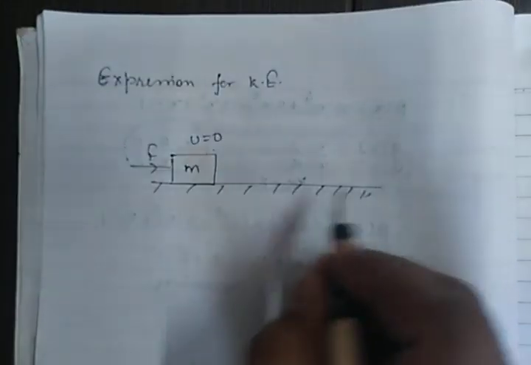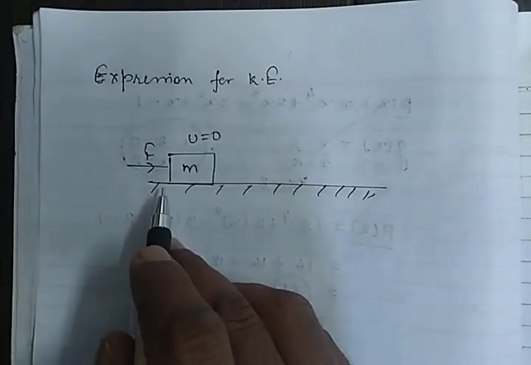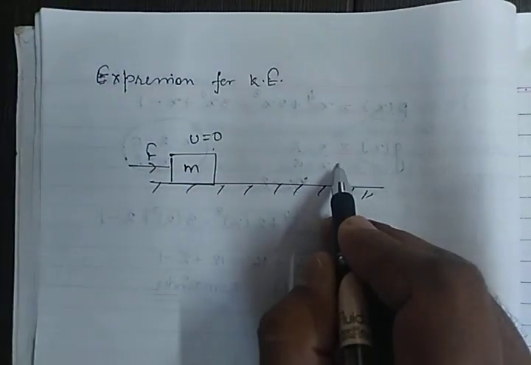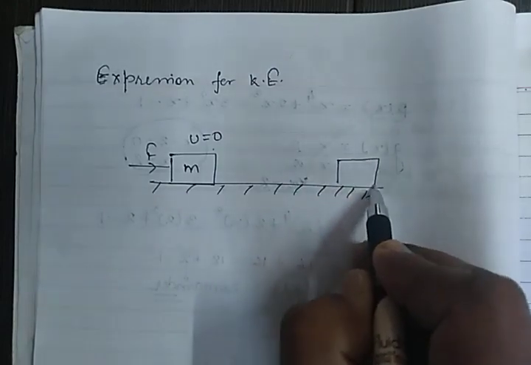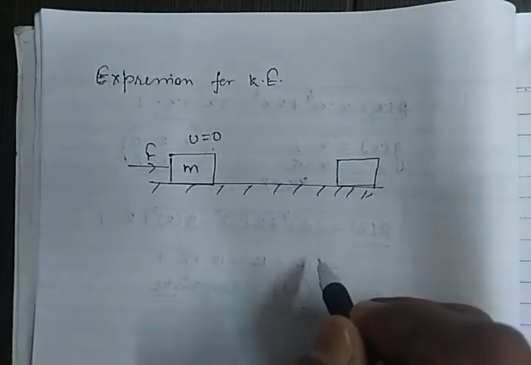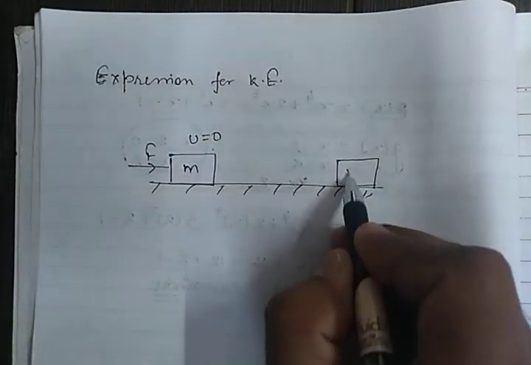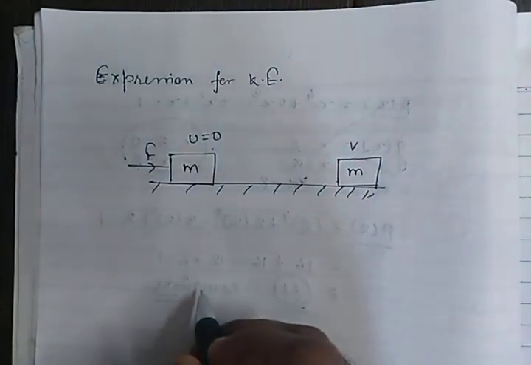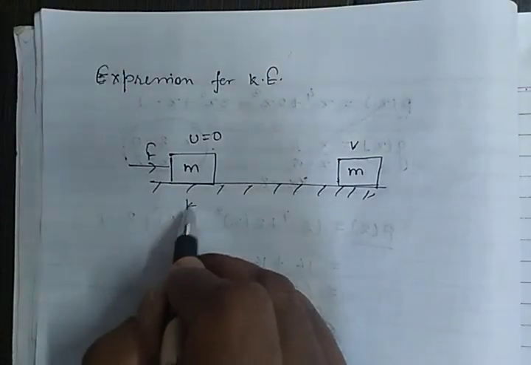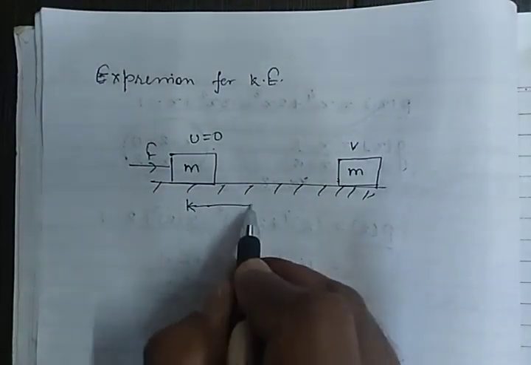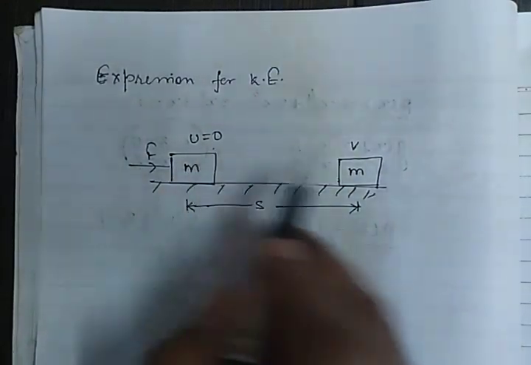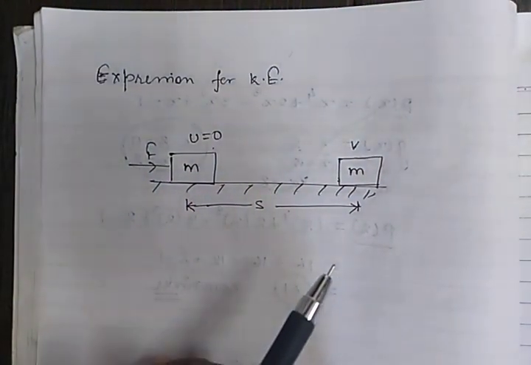If we apply a force on this block, it acquires a certain velocity. Mass will remain the same, but its velocity changes to v. Let the displacement be s while this change in velocity takes place.